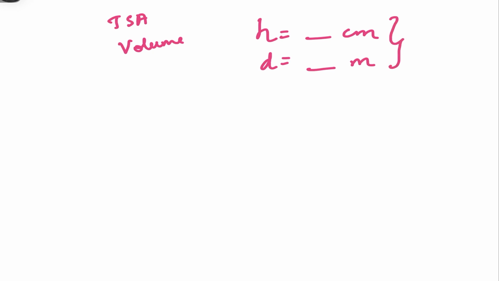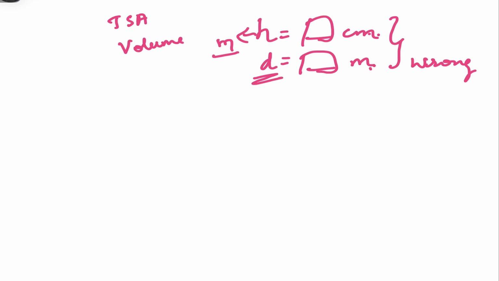Many of us overlook the units. Whatever numerical value is given, we directly substitute them in the formula and we get a wrong answer. Both the parameters used in the formula should be of the same unit. You either convert this height to meter or convert the diameter given to centimeter. Then only the substitution work has to be done.